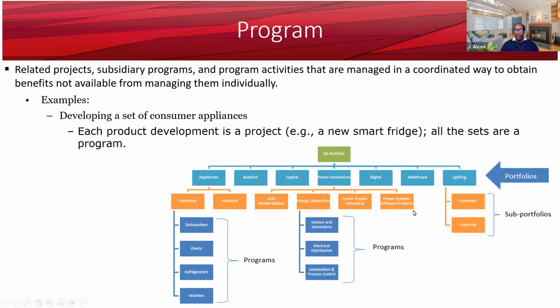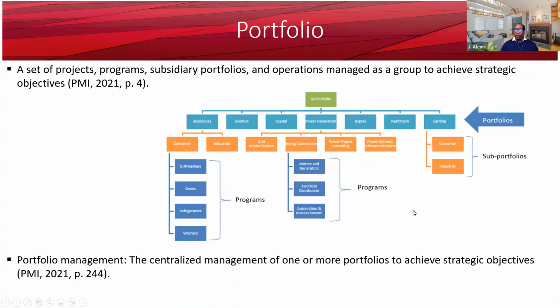So what else do we talk about? We talk about a portfolio. A portfolio is a set of projects, programs or sub-portfolios, and operations managed as a group to achieve strategic objectives. So when you take a look at a portfolio, you can have programs in the portfolio.